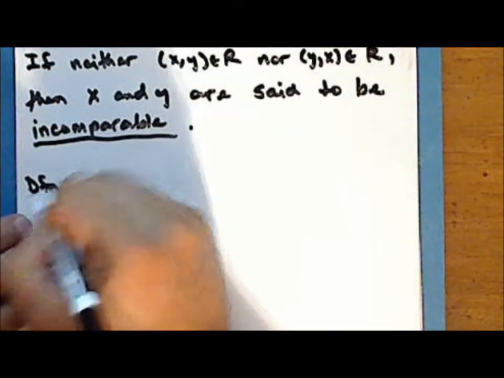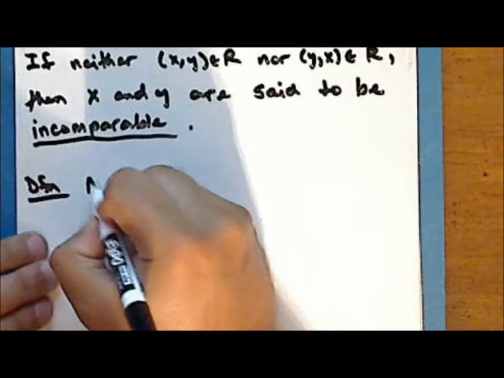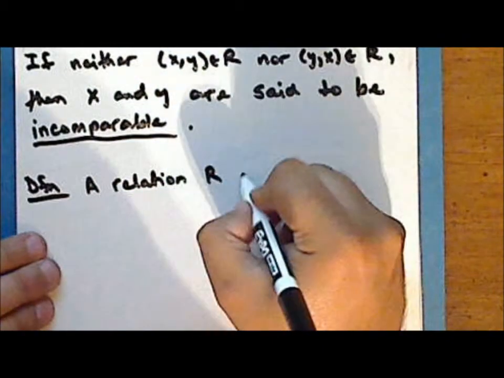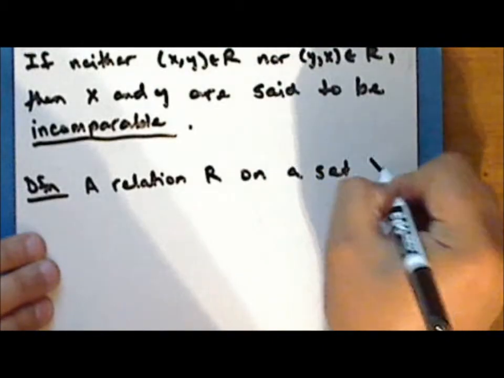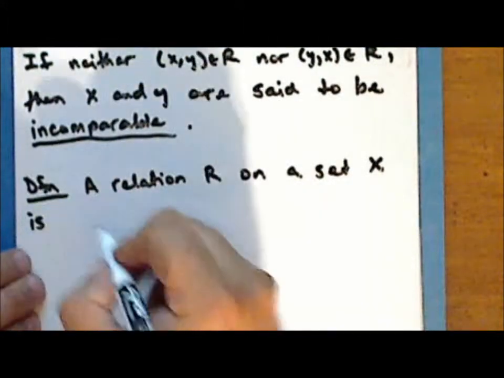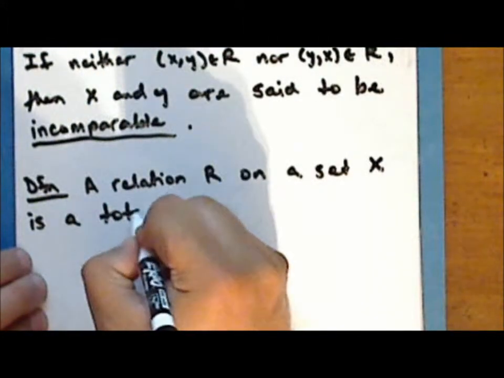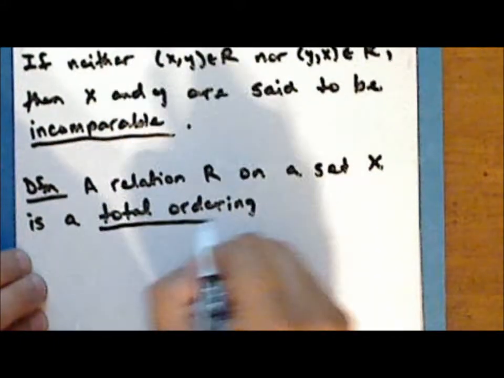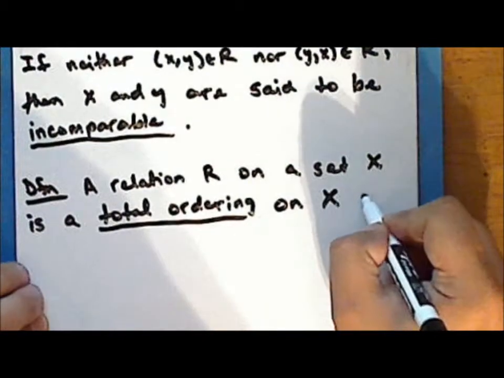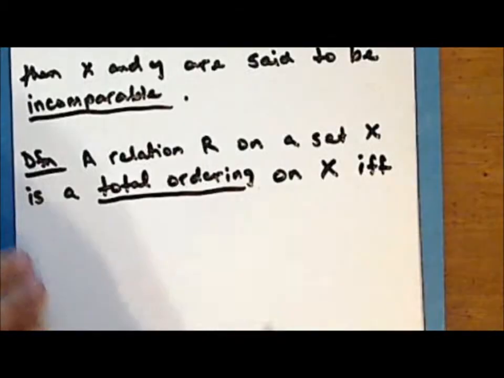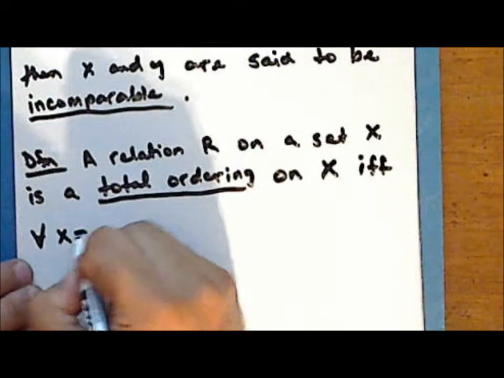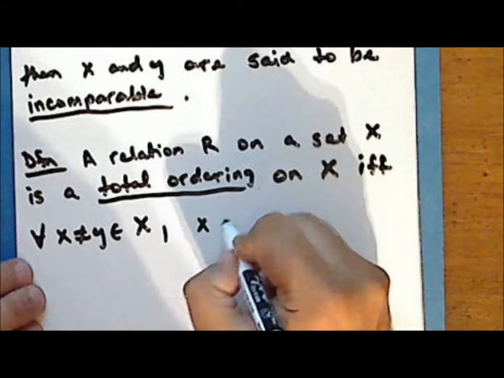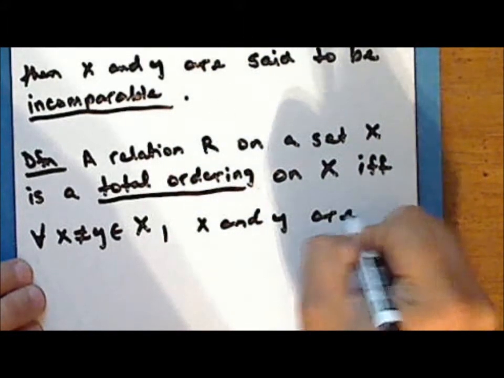So, new definition. A relation R on a set X is a total ordering on the set X if and only if, for every distinct pair of elements in the set, the elements x and y are comparable.